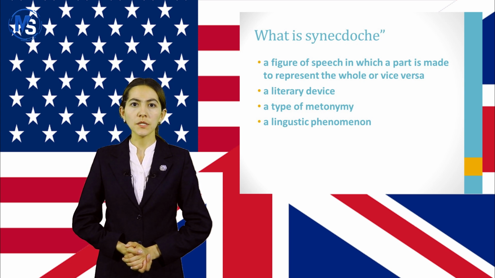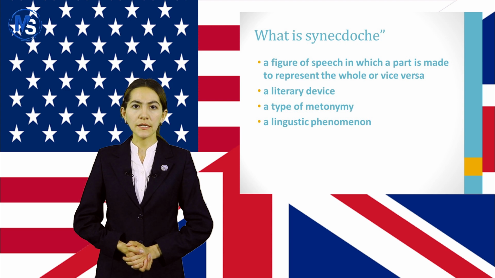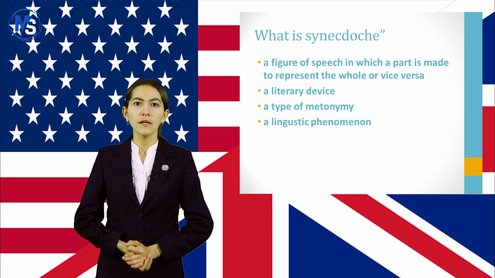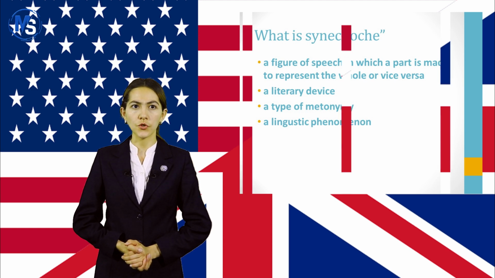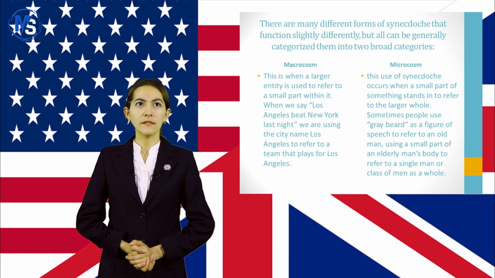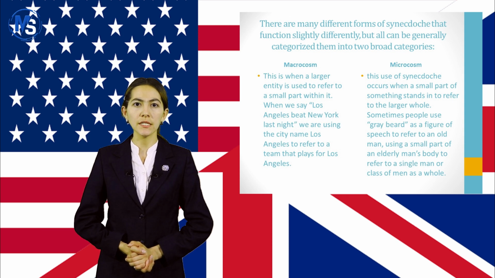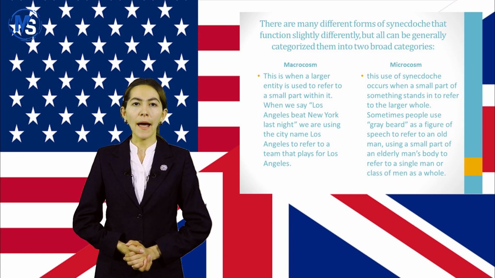But it is different from metonymy, because metonymy refers to the relation between two things, while Synecdoche differs in its terms. There are different forms of Synecdoche. However, we should know the two basic categories of Synecdoche: the first is microcosm and the second is macrocosm.